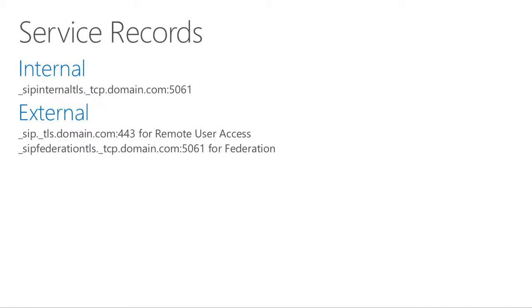So the internal one is for logging in when you connect to the internal network, and the external one is for remote user access and for federation. And the federation one is the most important, because if I've got my company and partner's company and I want to federate between the two, our edge servers are going to discover each other using that last record there. So this is really important for lighting up that type of functionality.